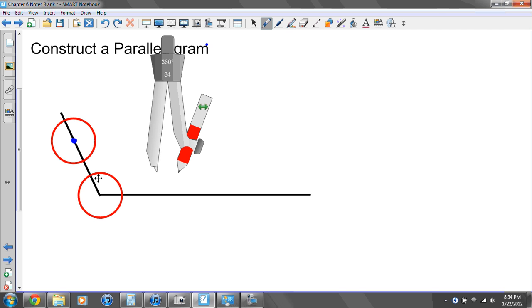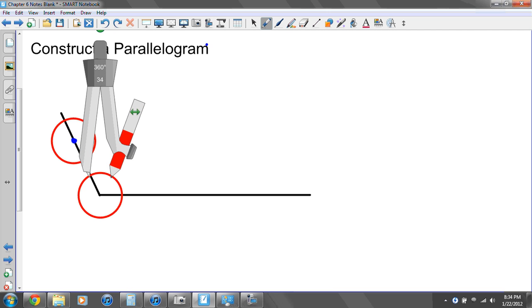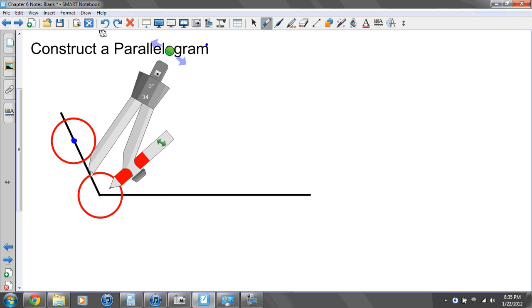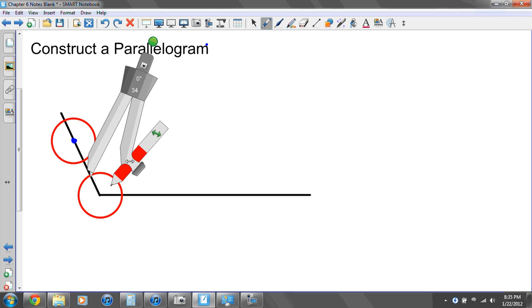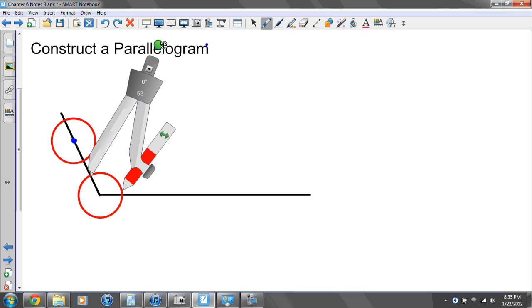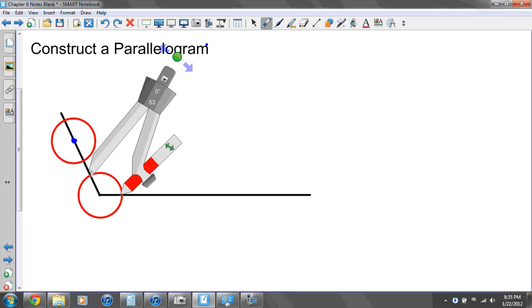Okay, so I want to recreate this angle up here. If you notice, this is where my angle is on the line. So I'm going to go from there and measure how far it is from there to this other spot that's meeting the other line.